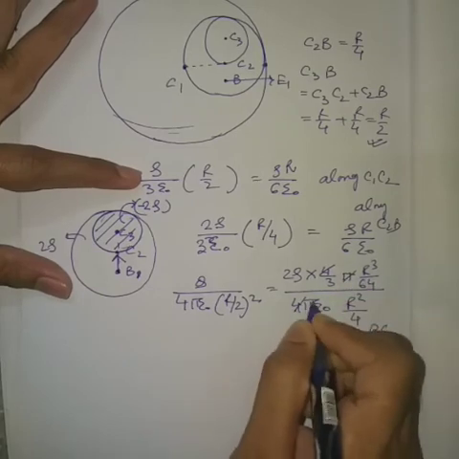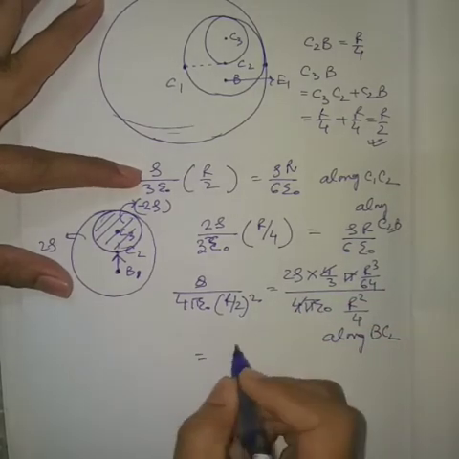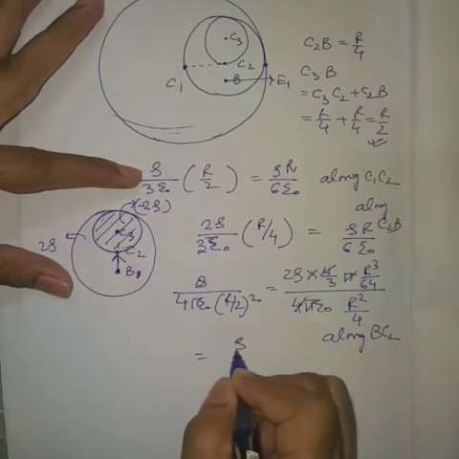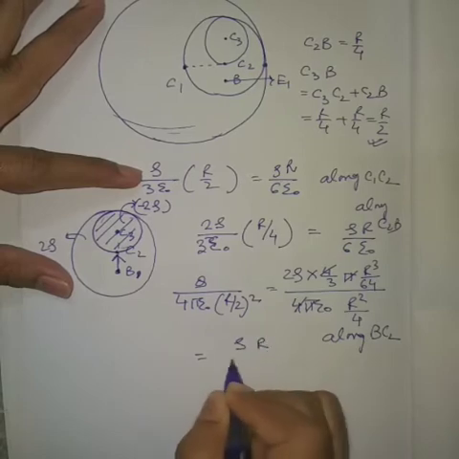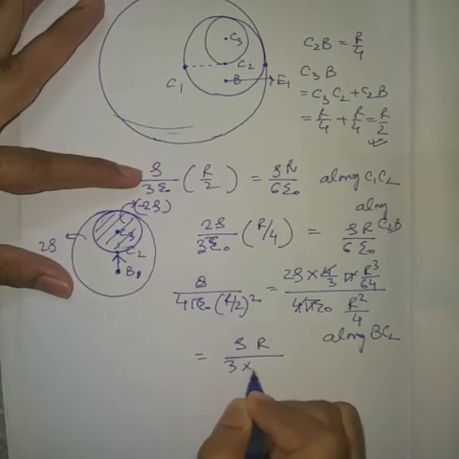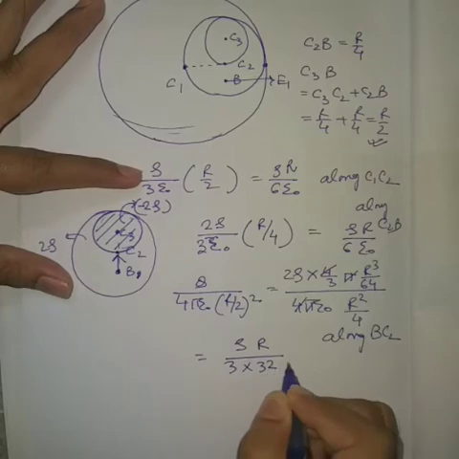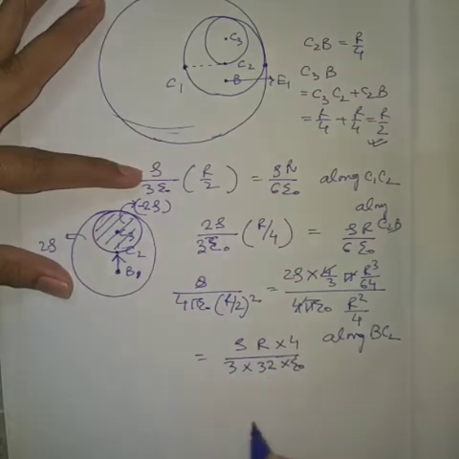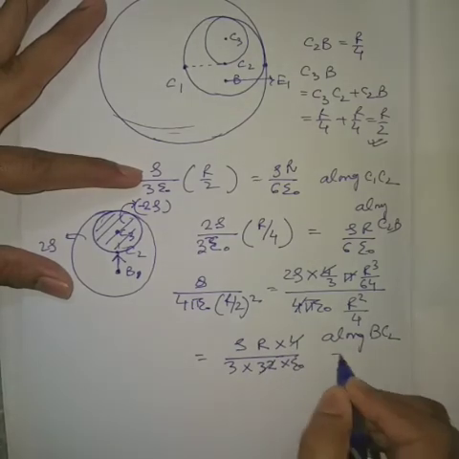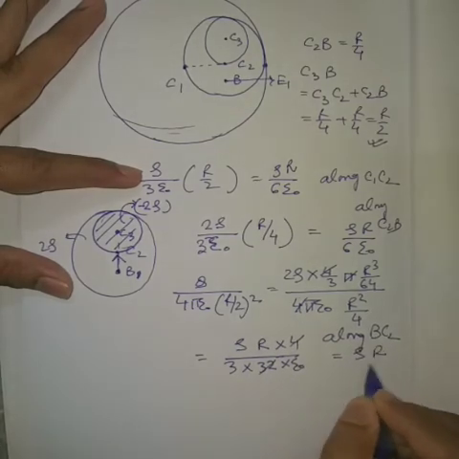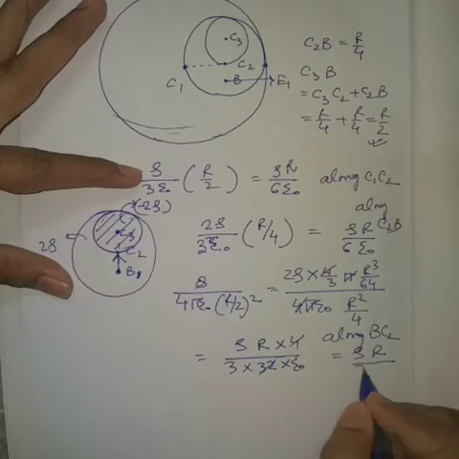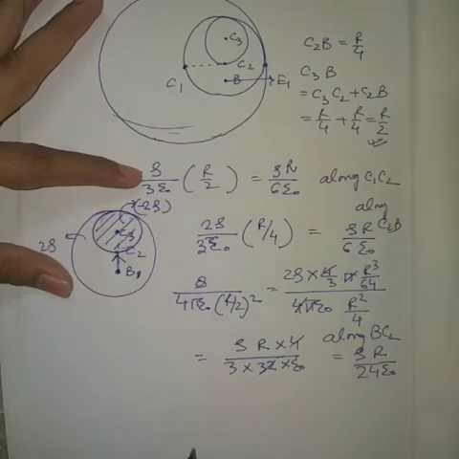4 pi cancels, that is rho R by 3 into 32 into epsilon naught into 4, that is rho R by 24 epsilon naught, I think.